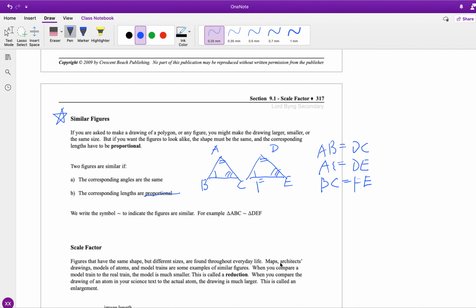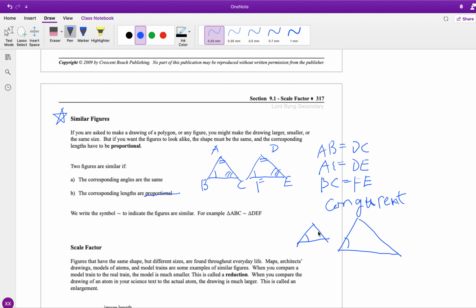That's called congruent. They're congruent triangles. But they're not the same size: this one is this small, and the other one is much, much larger.